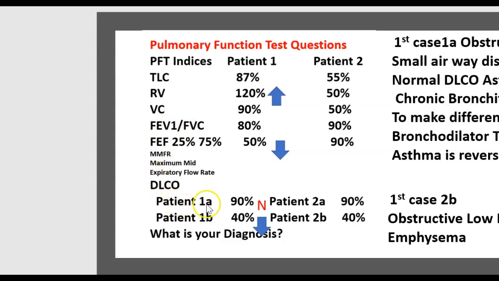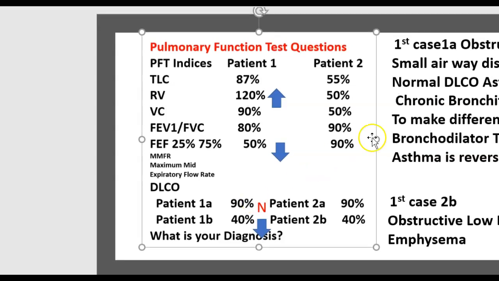DLCO, patient 1A, 90%, it's normal. If DLCO normal, it could be asthma or chronic bronchitis.